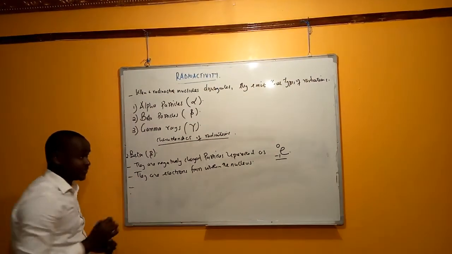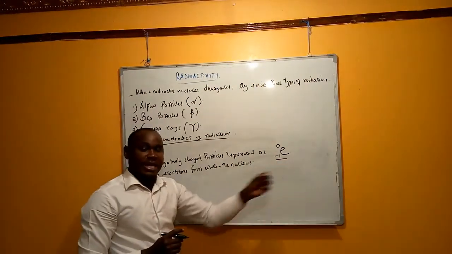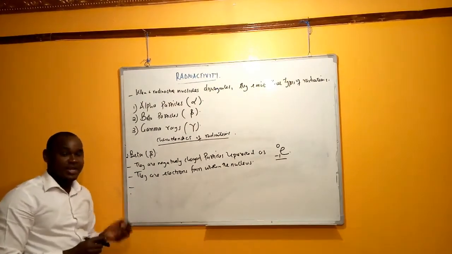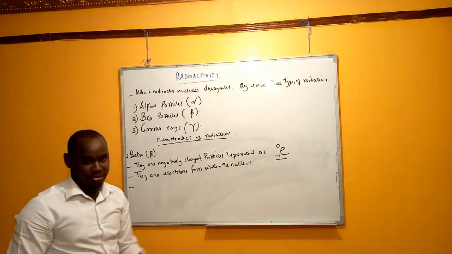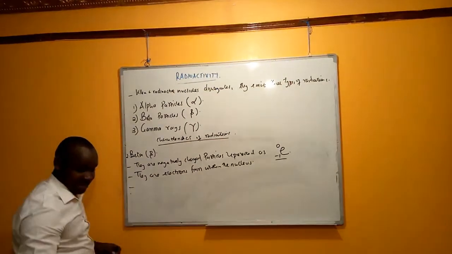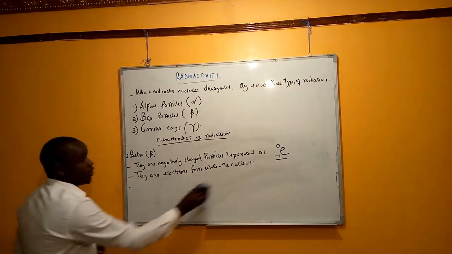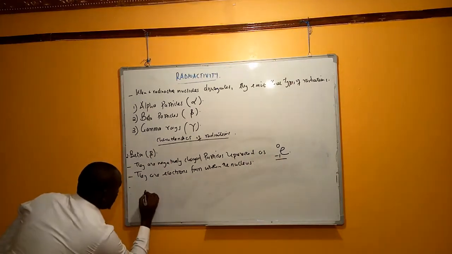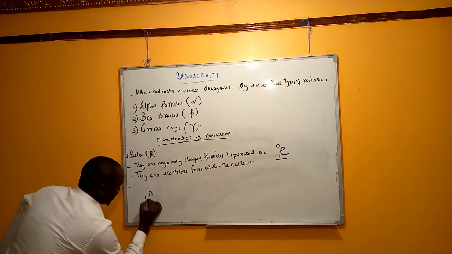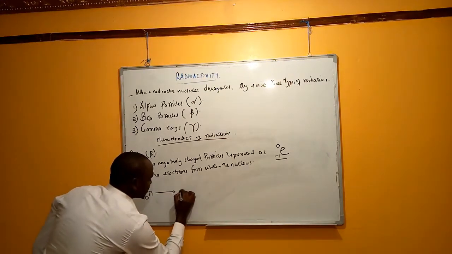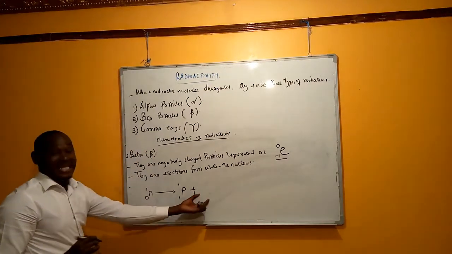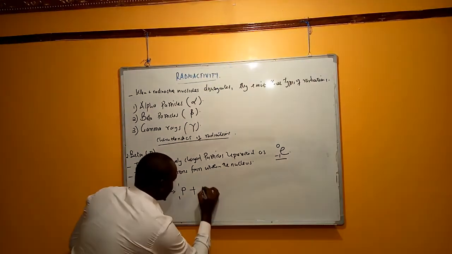And how is it formed? A beta particle is formed when a neutron in the nucleus changes into a proton. Let us see the equation of the formation of this electron. When a neutron in the nucleus changes into a proton, it is going to release or produce an electron.